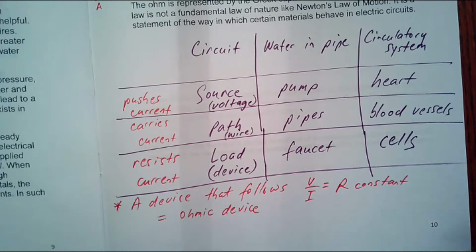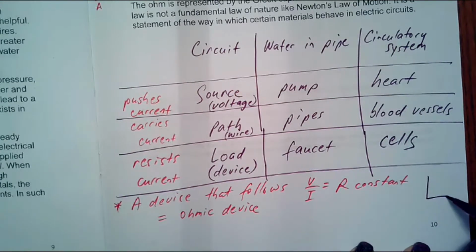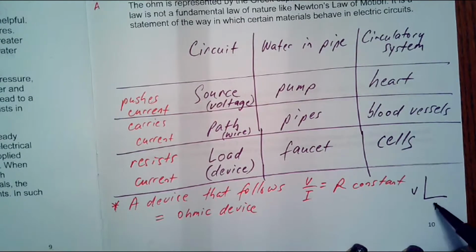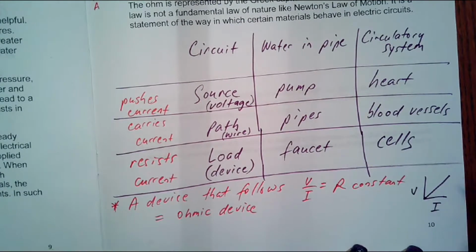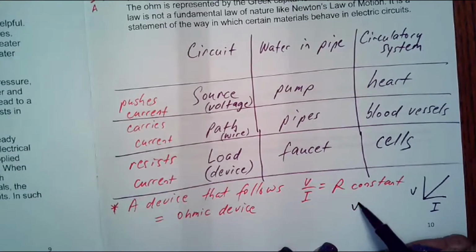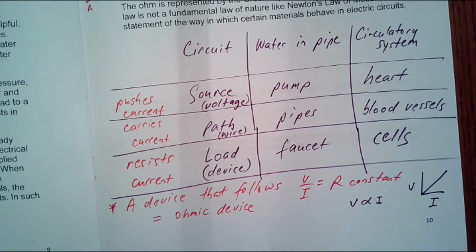And if you were to graph the volts versus the current in an ohmic device, it will be a linear relationship. This shows you that V is proportional to I, and this is what happens in an ohmic device.